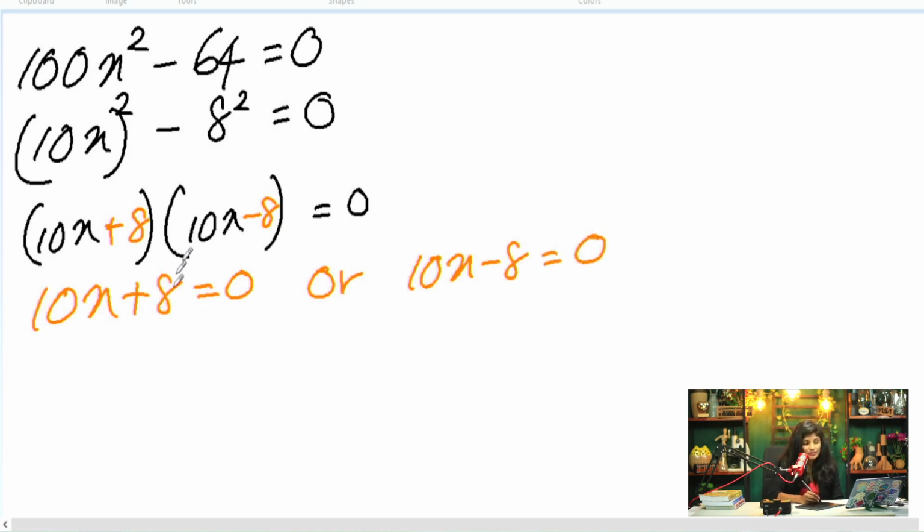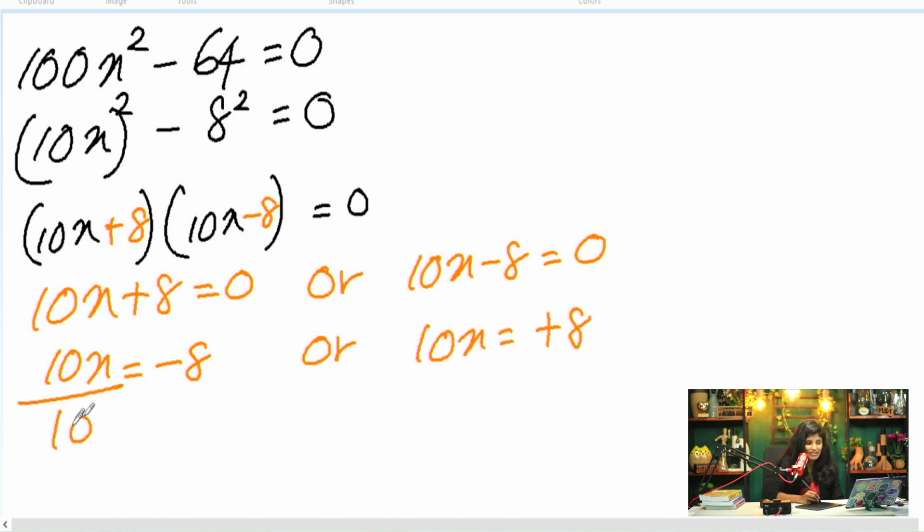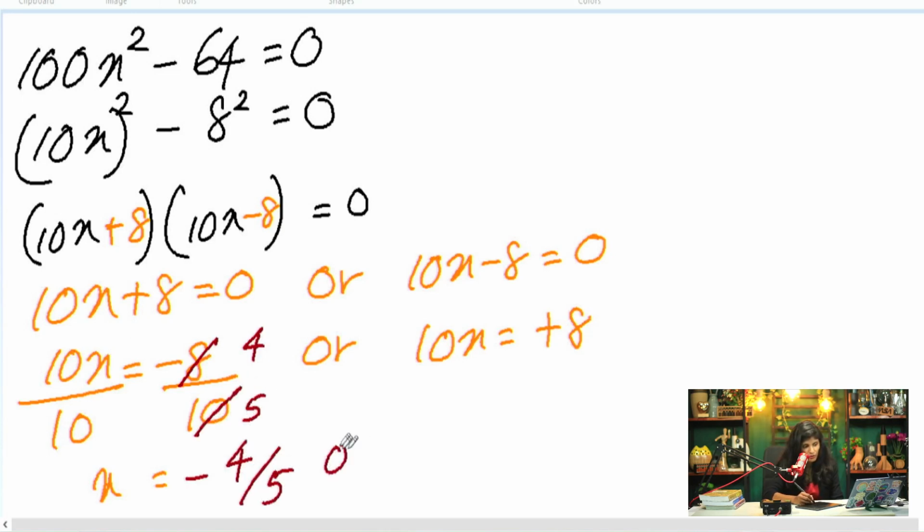Then what I'm going to do is take 8 to the other side. 10x equals negative 8 or 10x equals positive 8. Dividing both sides by 10, x equals negative 8 over 10. I can simplify this a little bit, no? 2 times 4, 2 times 5. So x equals negative 4 over 5 or x equals positive 4 over 5.